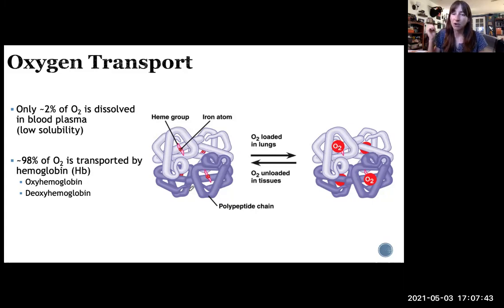The reason why people die of carbon monoxide poisoning is because carbon monoxide binds to these binding sites with a much stronger affinity than oxygen is able to. So it basically crowds out oxygen on the hemoglobin, which means that when the hemoglobin gets to the tissues, it won't let go of that carbon monoxide. It won't let go of that oxygen, which means that your tissues never get it, and then you die of hypoxia.